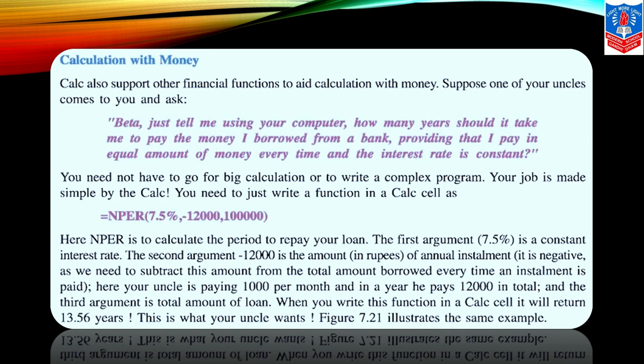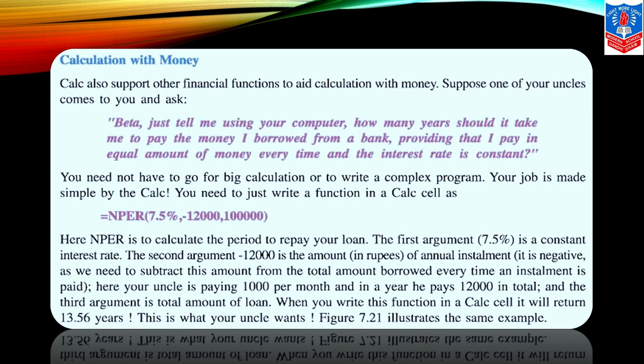The first argument, 7.5%, is a constant interest rate. The second argument, minus 12,000, is the amount in rupees of the annual installment. It is negative as we need to subtract this amount from the total amount borrowed every time an installment is paid.